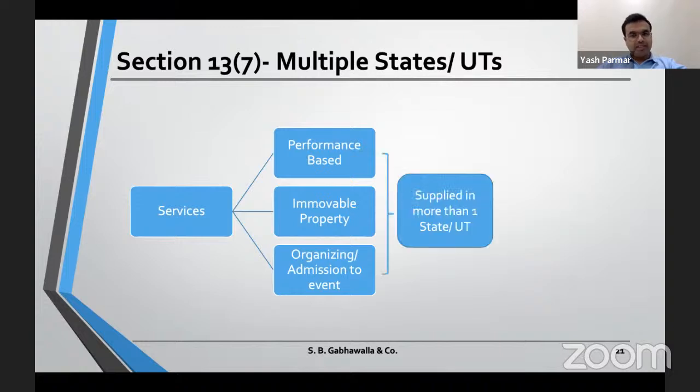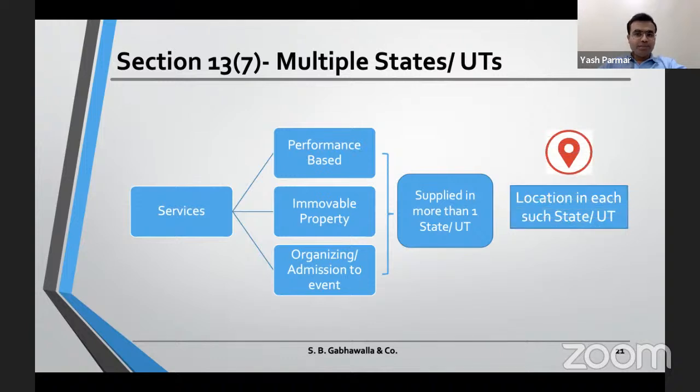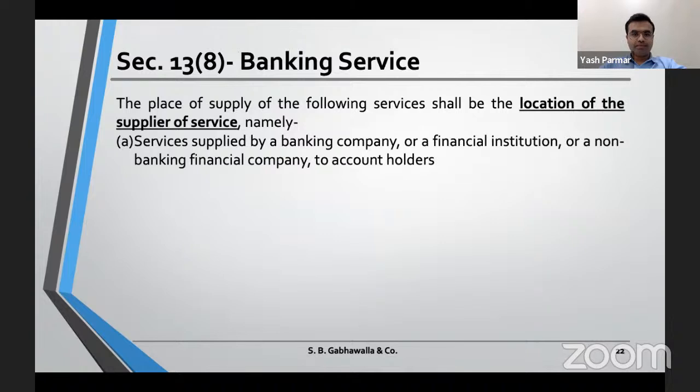This clause says that if the services are supplied in more than one state or union territory, say one leg is performed in the state of Maharashtra and one leg in the state of Gujarat, then the place of supply is the location in each of the states, and on a proportionate basis, by the number of days or the values on which the services are performed in each state, the tax will be payable in each of the states or union territories where the supplies are being performed.